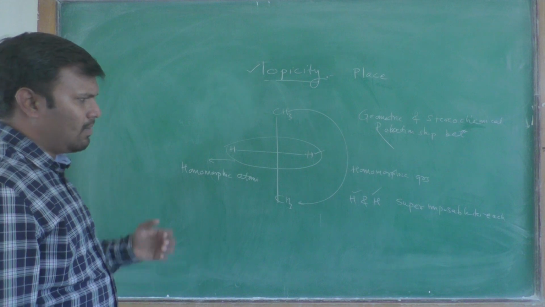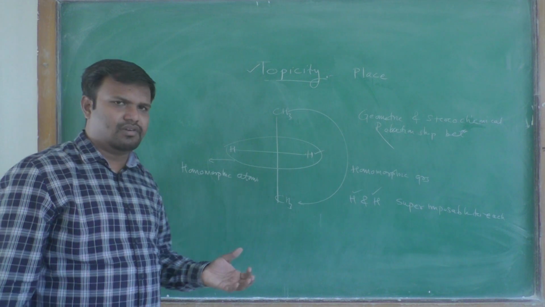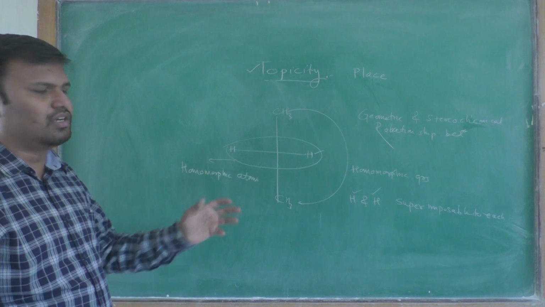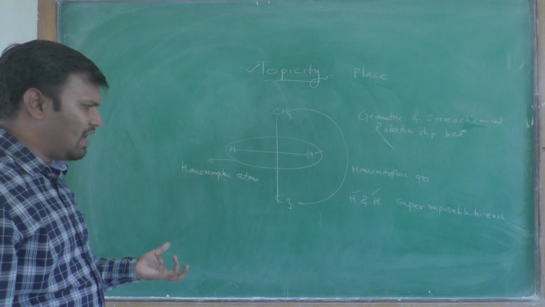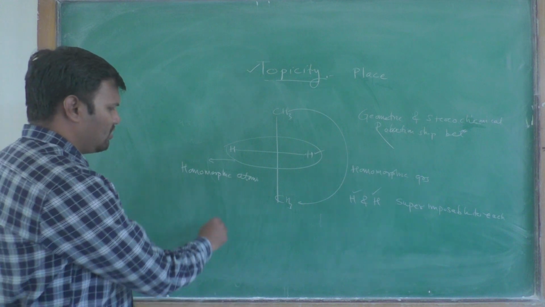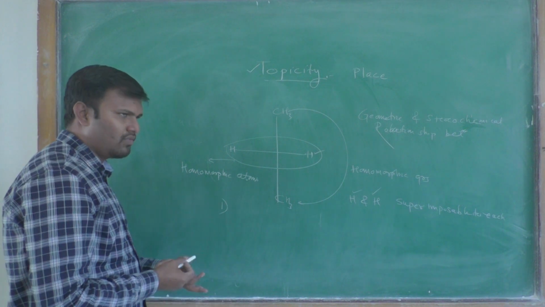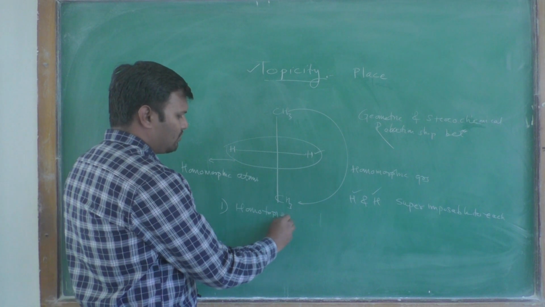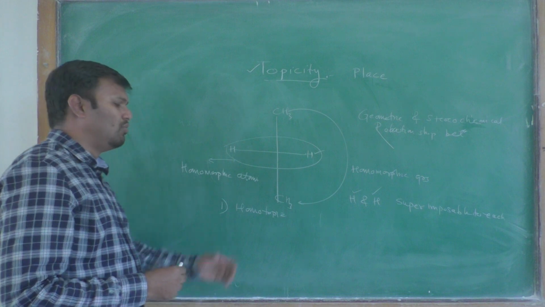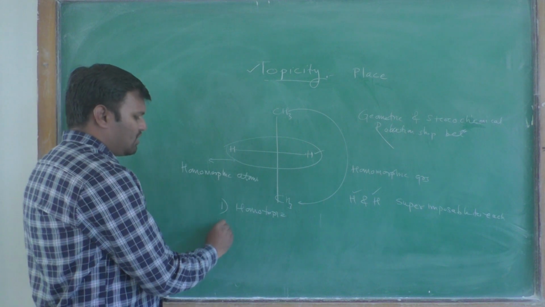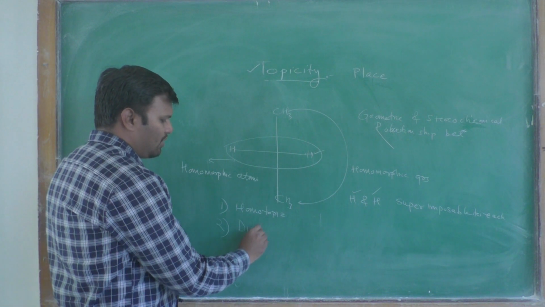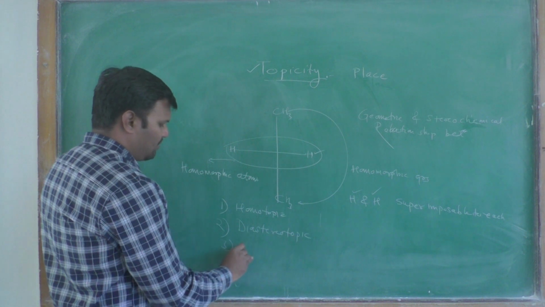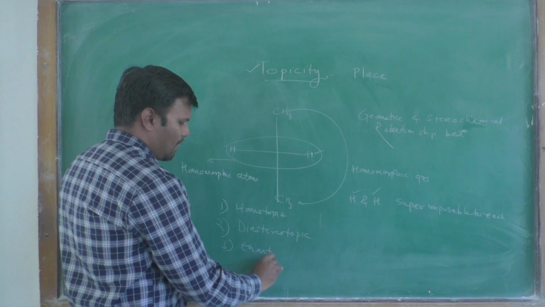Now we will discuss these homomorphic groups. Related to the homomorphic groups, we have three terms that arise from them: the homotopic ligands or homotopic relationships, then the second one is the diastereotopic relationship, and the third one is the enantiotopic relationship.